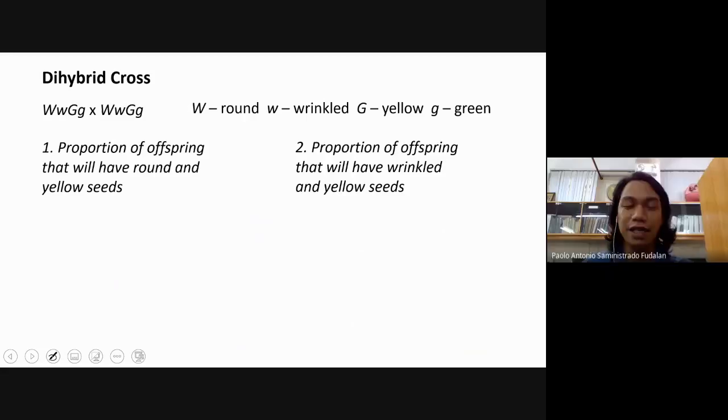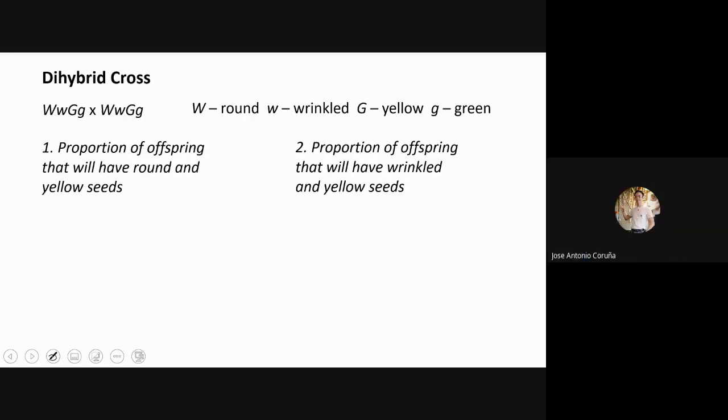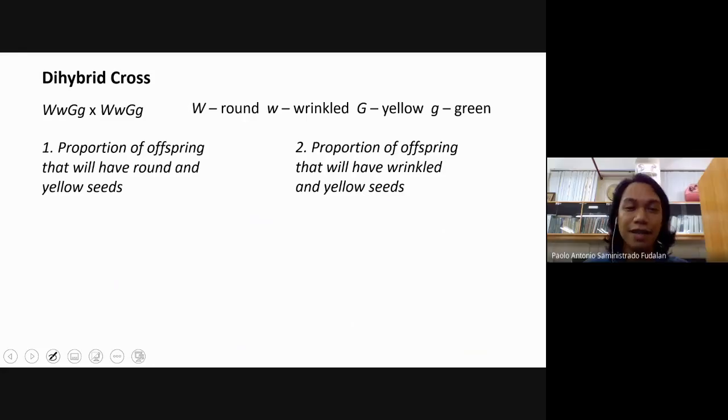For round and yellow seeds, the proportion would be 9 out of 16 seeds. All right, that is correct. I will explain after you answer number two why it's like that, just to be clear. Number one is 9 out of 16. What about number two? Maybe another person?